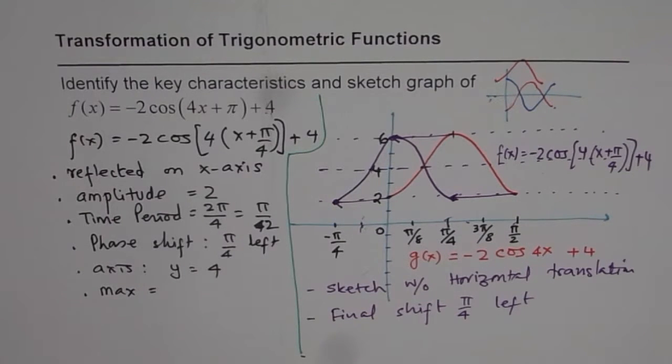Then you get your final graph, right? So break your question of sketching into 2 parts. First, sketch it with all other transformations, which are reflection, stretches, time period and everything. And then finish it off with horizontal translation to get quickly the correct sketch.